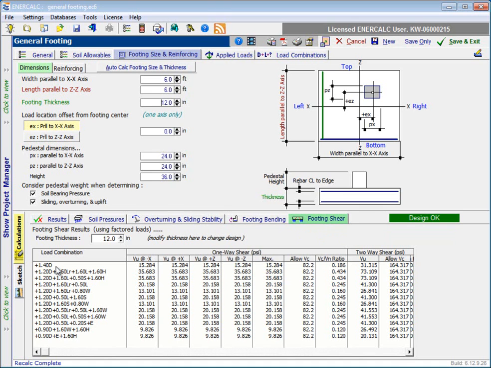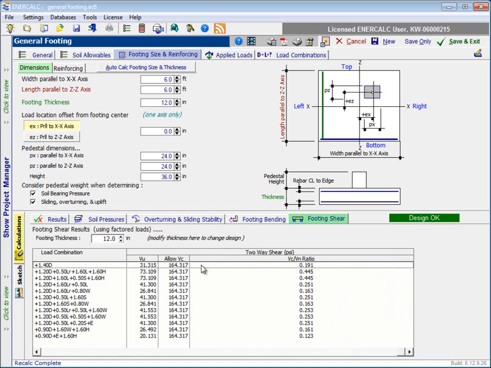But what we can see now is that we have a list of concrete design load combinations, and for each of those combinations we can see a value for the one-way shear at the negative x and the positive x sides of the pedestal, and the positive z and negative z sides of the pedestal, and then the maximum factored shear reported, the allowable shear due to concrete strength, and then the ratio here, applied shear to allowable shear.